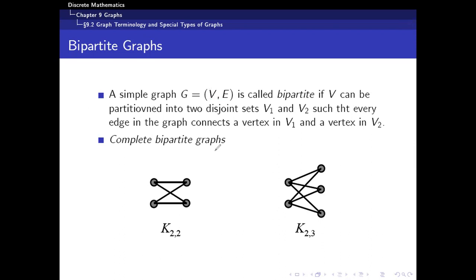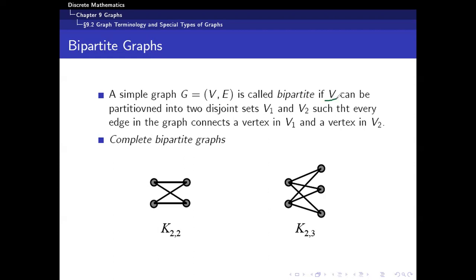So a graph basically consists of two things. One will be some nodes, these are the nodes, and the connection between the nodes, basically the edge, that is called the edge. So a simple graph can be called bipartite if V can be partitioned into two disjoint sets V1 and V2. That means what is V?